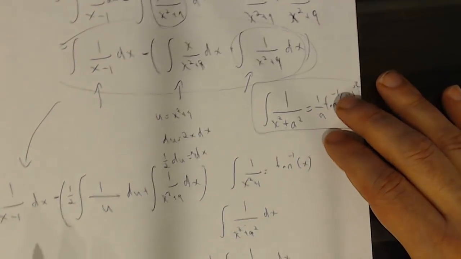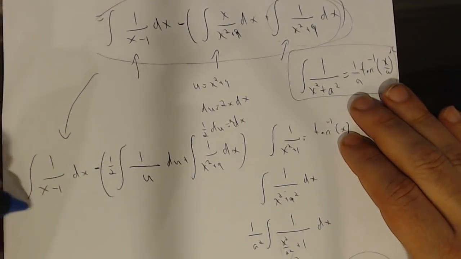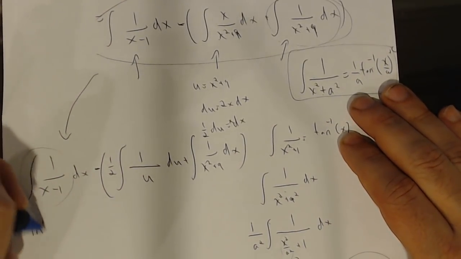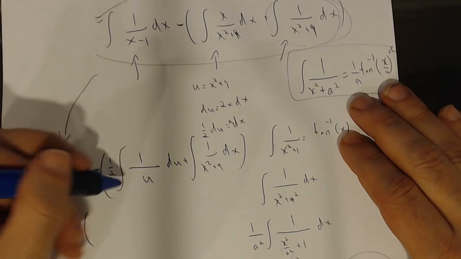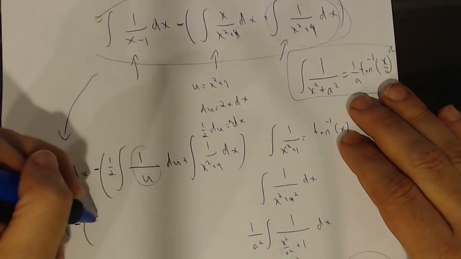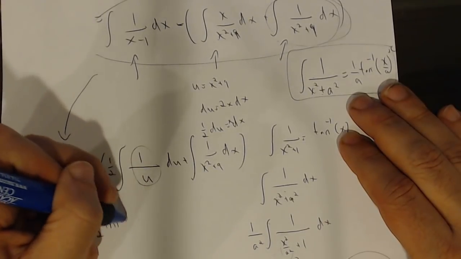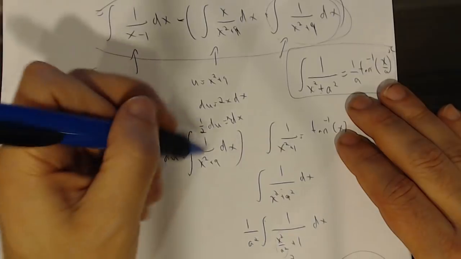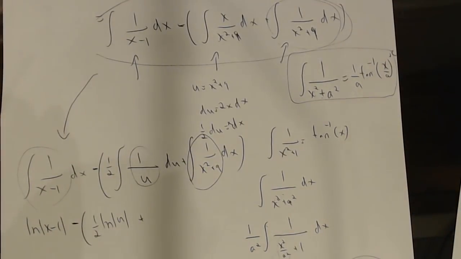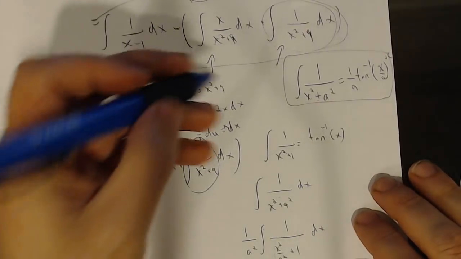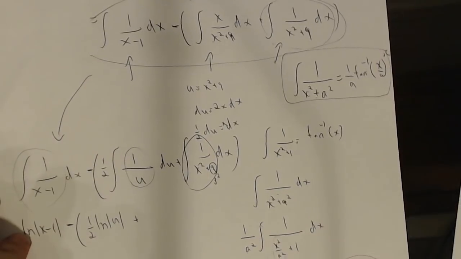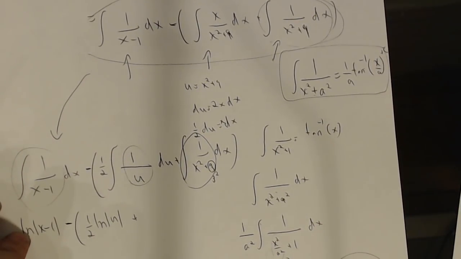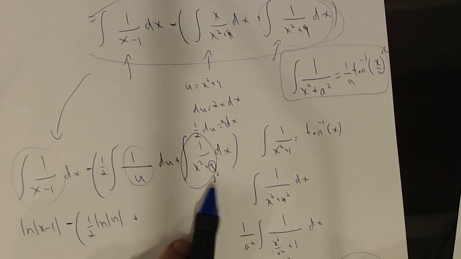Okay, now we're ready to find the antiderivative. What's the antiderivative of 1 over x minus 1? ln of absolute value of x minus 1, minus the antiderivative of 1 over u, which will be 1/2 ln of absolute value of u, plus the antiderivative of this. Think of 9 as 3 squared. Remember, it had to be in the form of a squared, so a here is 3.